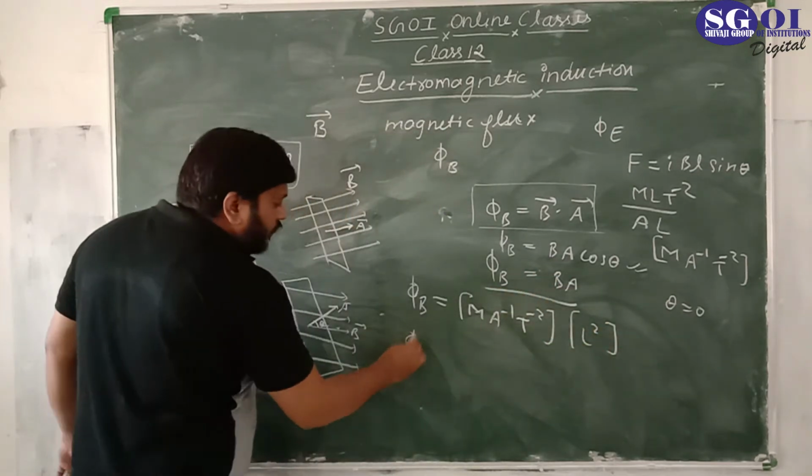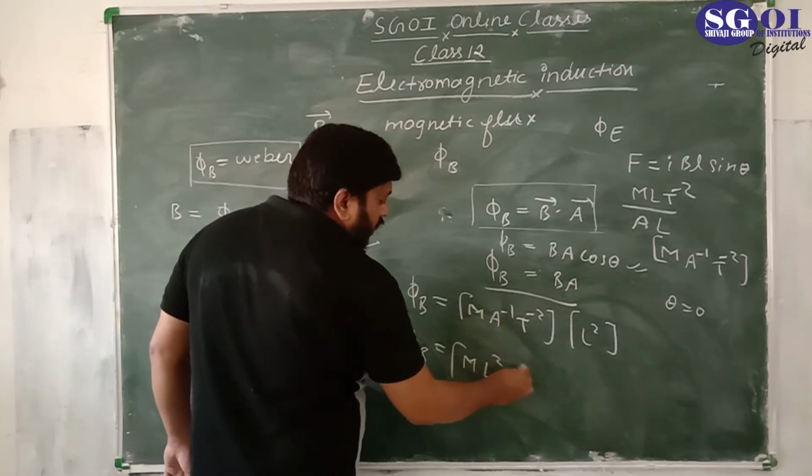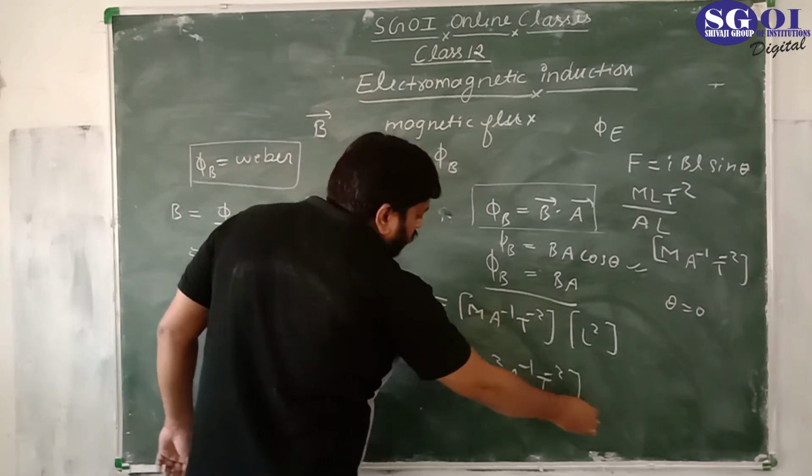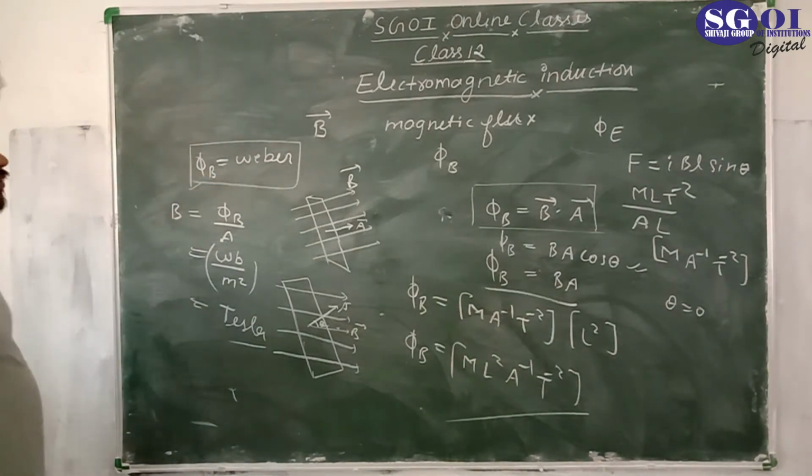So the dimension of phi B finally is M L2 A minus 1 T minus 2. This is the dimension and this is the unit Weber.